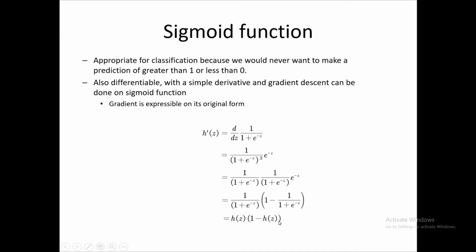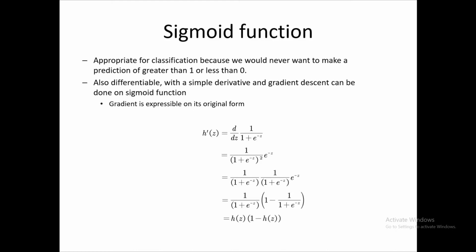So the gradient of the sigmoid function is expressible in its original form, that is h(z) into 1 minus h(z), and we will use this in the backpropagation algorithm.